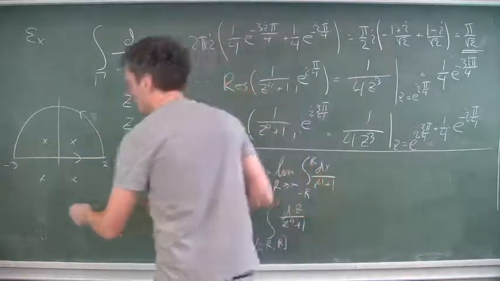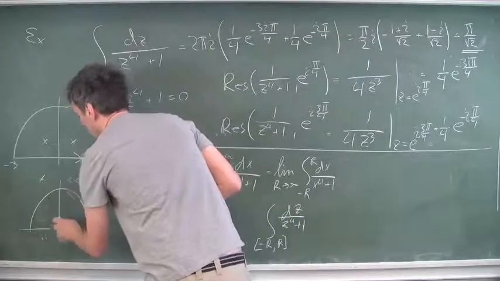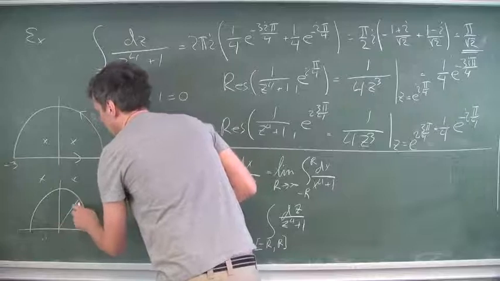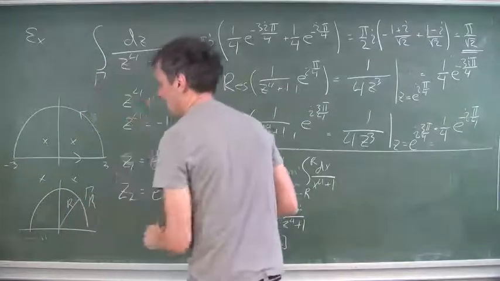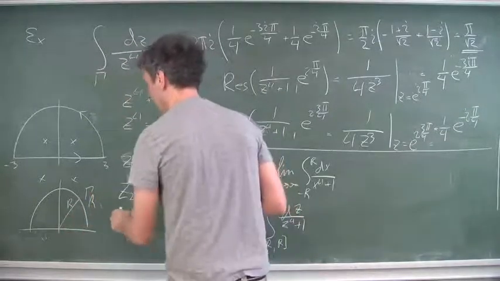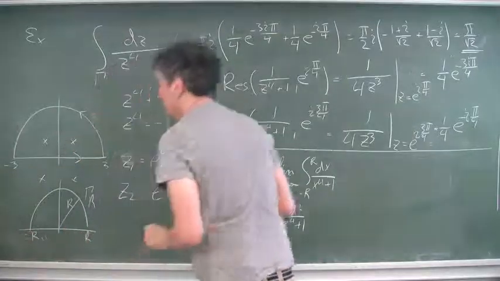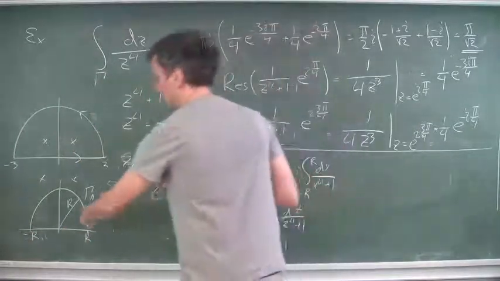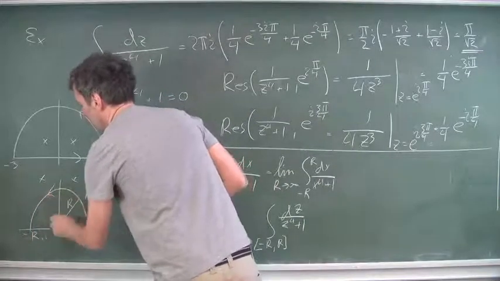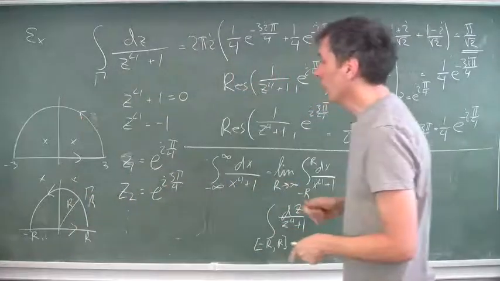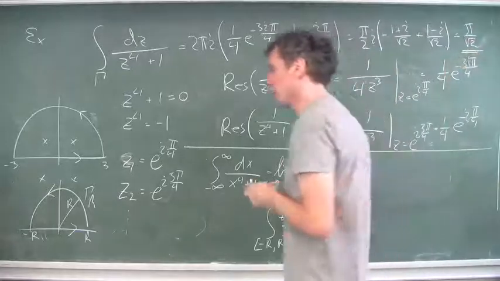So the idea is now that we consider a limit situation. We have here a semicircle gamma r here, and here we have the interval from minus r to r. And then we note that the contour integral over this curve here will always give us the value pi divided by square root of 2.